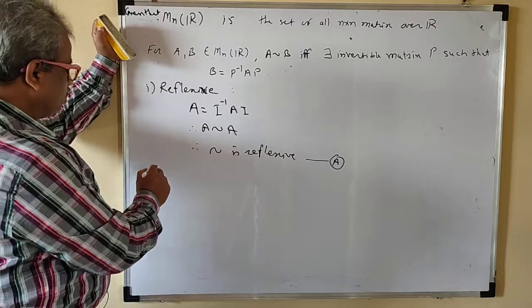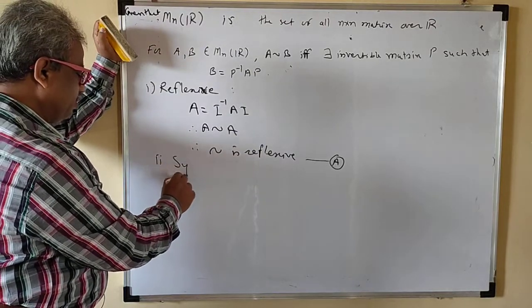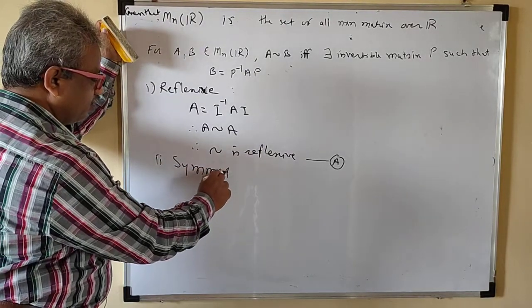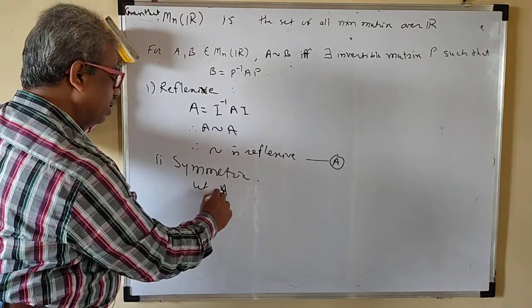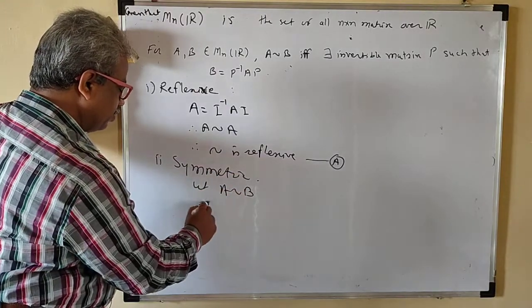Now second, symmetric. Let A be related to B. What does this imply?